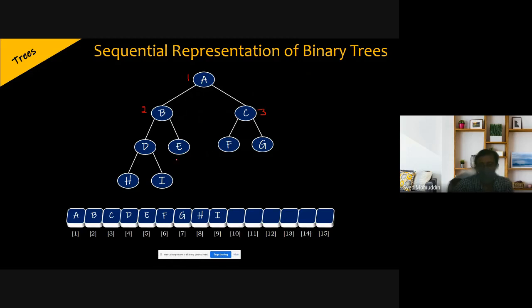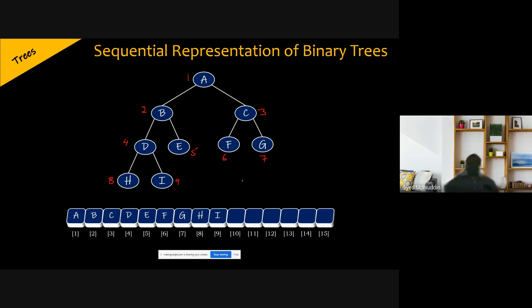The next level from left to right: D as 4, E as 5, F as 6, G as 7. And then in the next level, 8 for H and 9 for I. So we start numbering nodes in level order, that is from the top level to the bottom, and in each level from left to right.